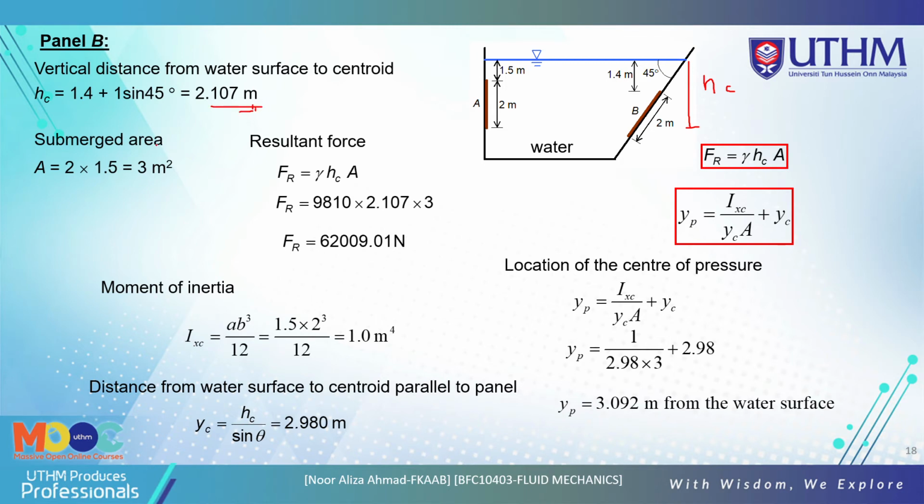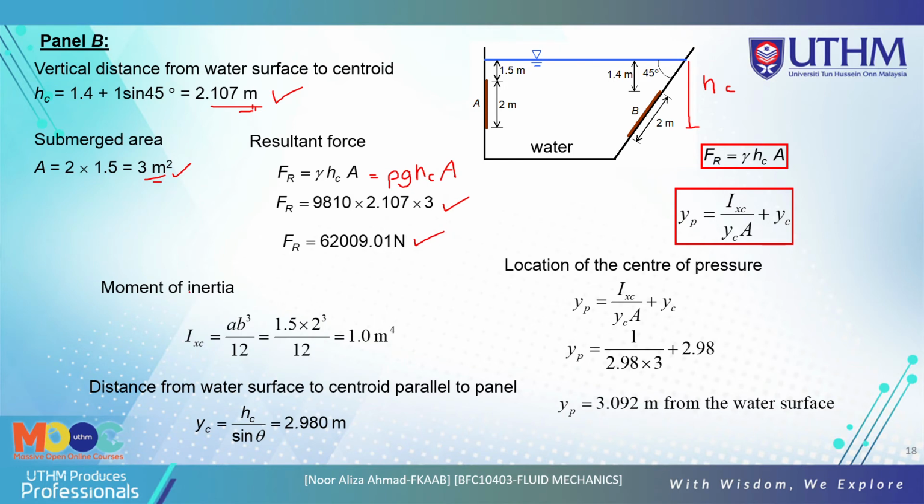Then the submerged area of this inclined surface. The resultant force is the density of water times g times HC times the area, so you get the value.